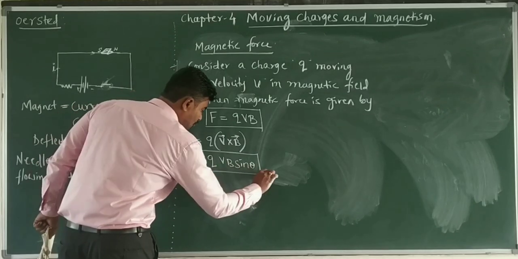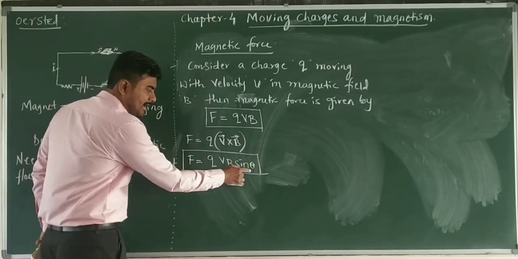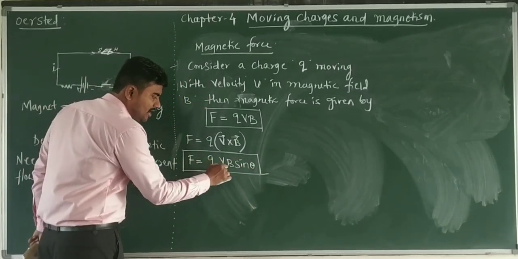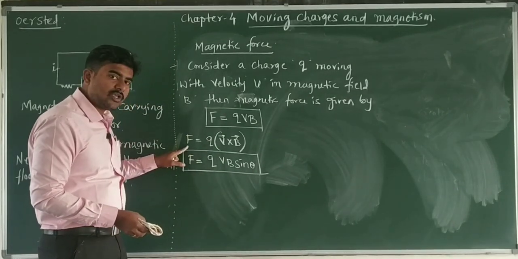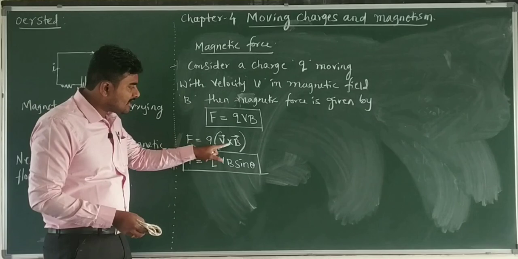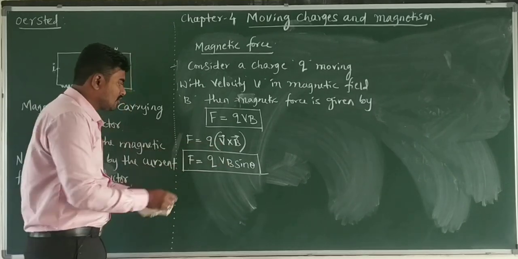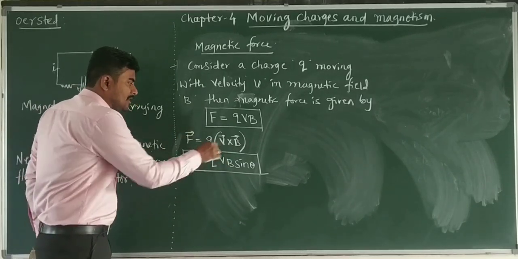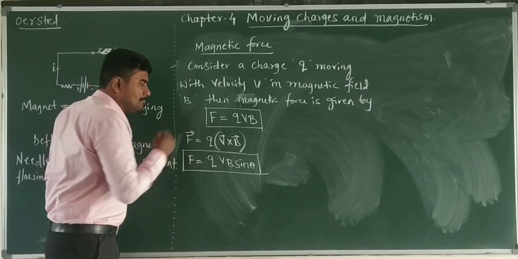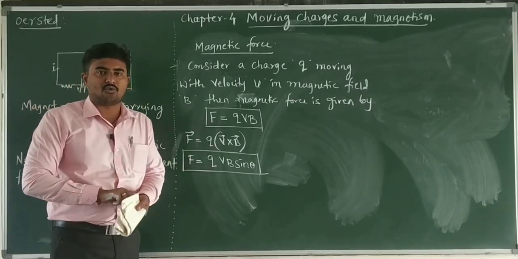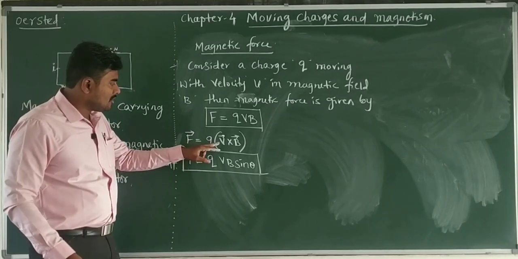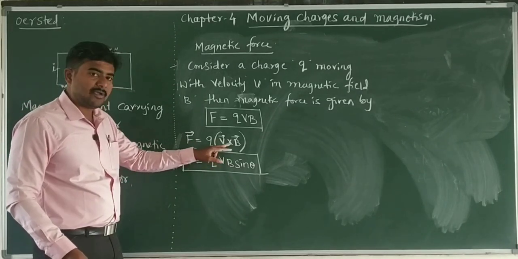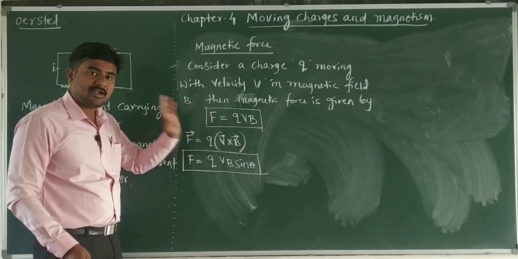Therefore this force also depends on the angle theta between V and B. It means this force is always perpendicular to the plane containing V and B, because force, velocity and magnetic field are all vector quantities. Therefore this force depends on the direction of V and B, I mean the angle between V and B.